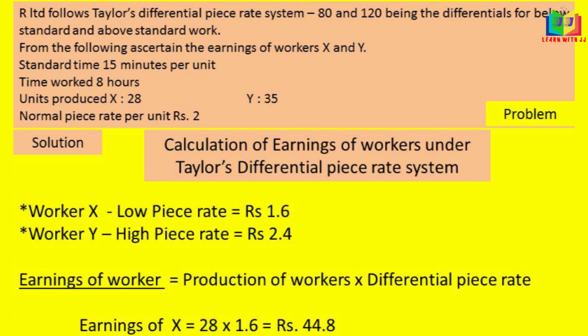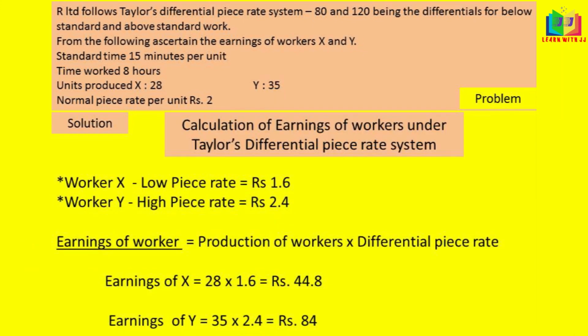Worker Y will get the high piece rate because his performance is more than the standard output. The high piece rate is 2.4, so he'll get rupees 84.